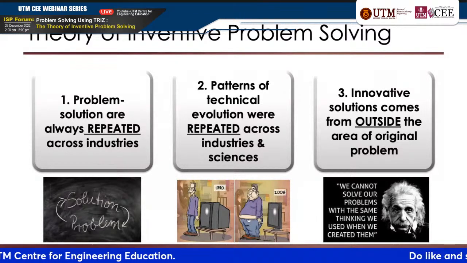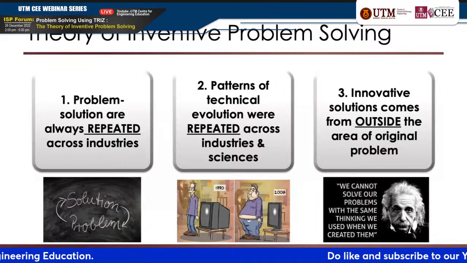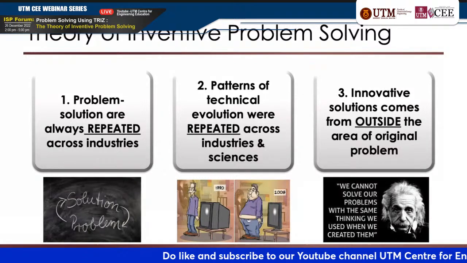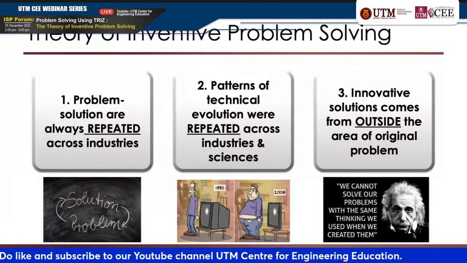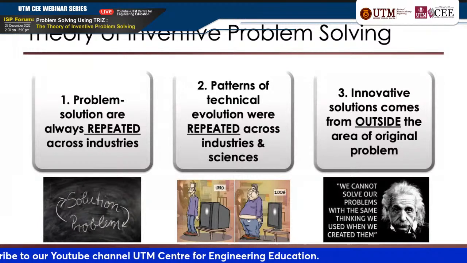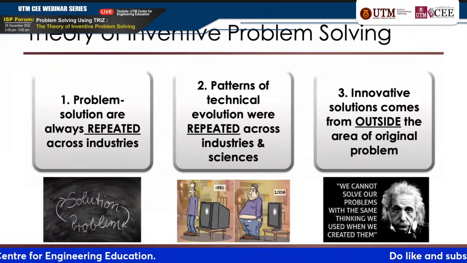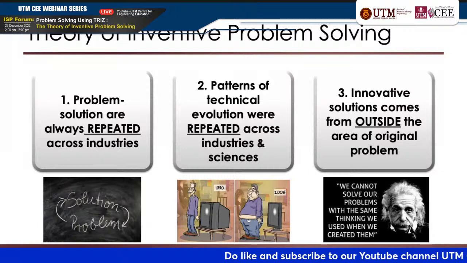The first part that he identified came from studying patterns in the technology registration documents related to developing weapons and the military. First, he found that problems and solutions are repeated across industry and science. What does it mean?